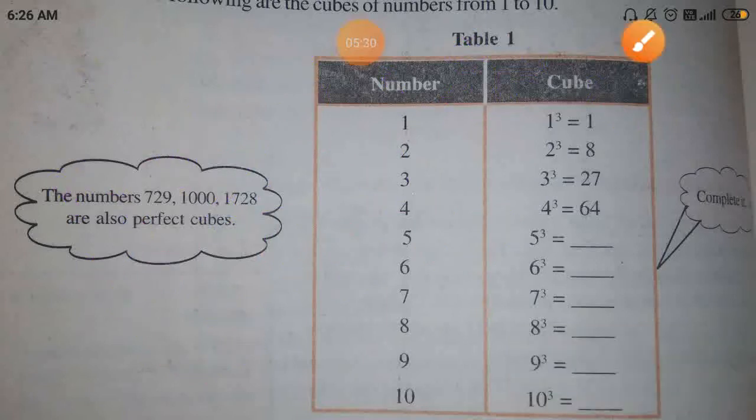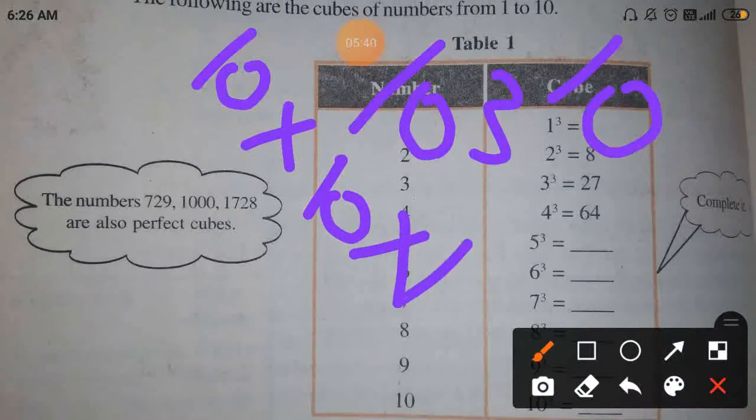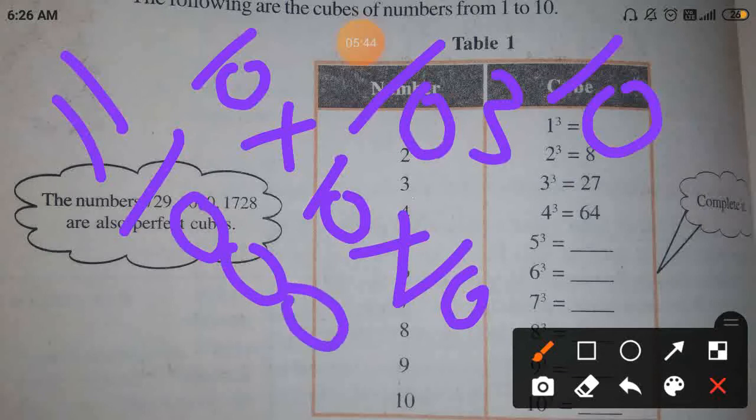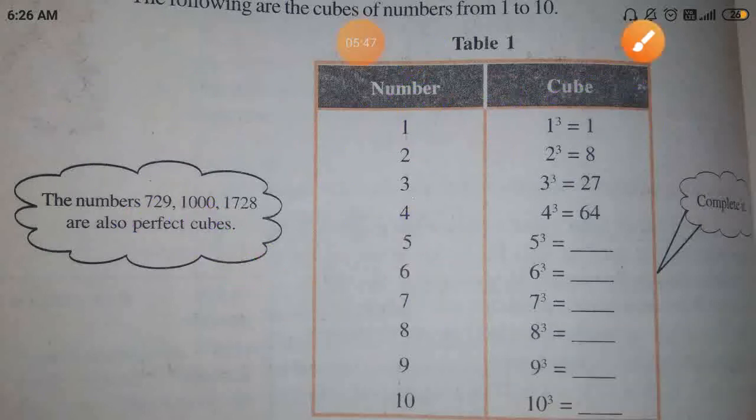Then it is 10 multiplied by 10 multiplied by 10, which is equal to 1000. So like this we complete this table in which the cubes of 5, 6, 7, 8, 9 and 10 are not given. You can solve this and complete this table.